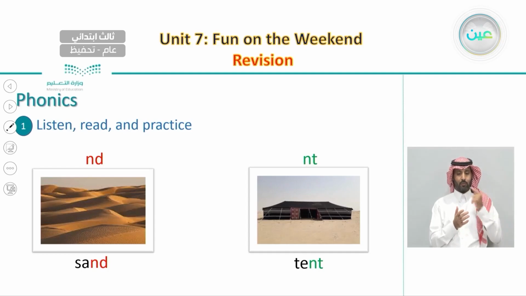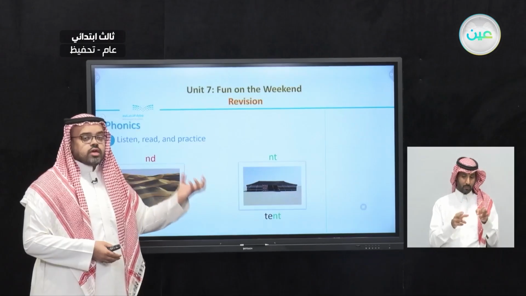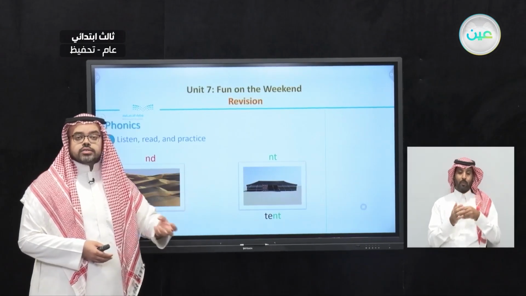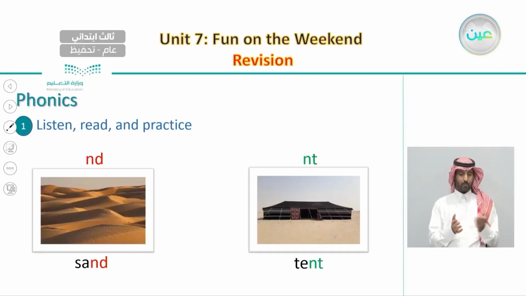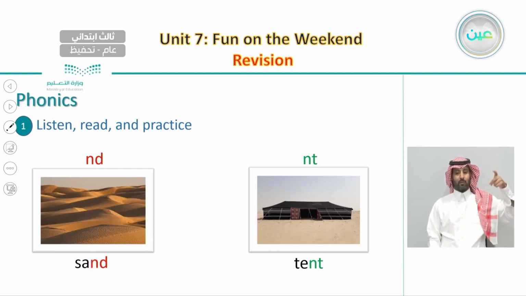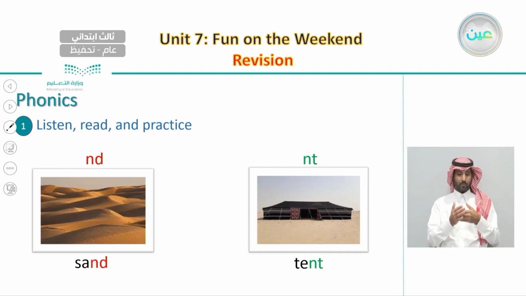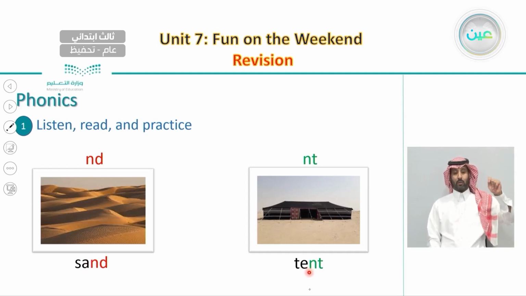We practiced them together so we can get to know more of these words that have ND and NT. An example of a word that has ND is sand. And an example of a word that has NT is tent.